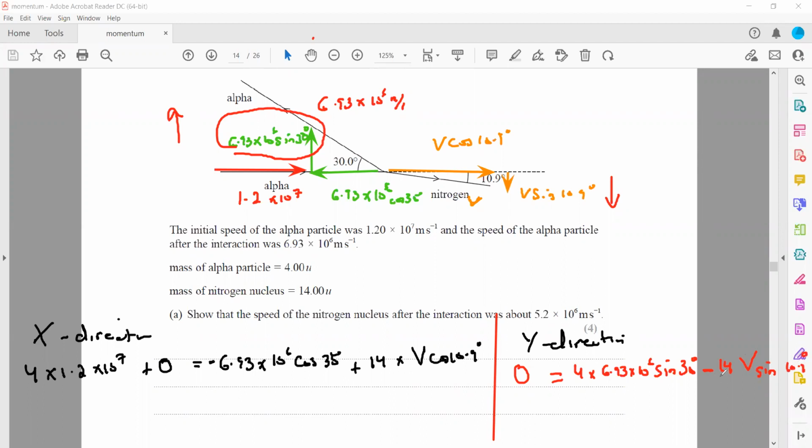So mass is 14 and v sine 10.9 degrees. When we simplify, this will move to the other side, so it will be equal to minus 4 into 6.93 sine 30 equal to minus 14 v sine 10.9.